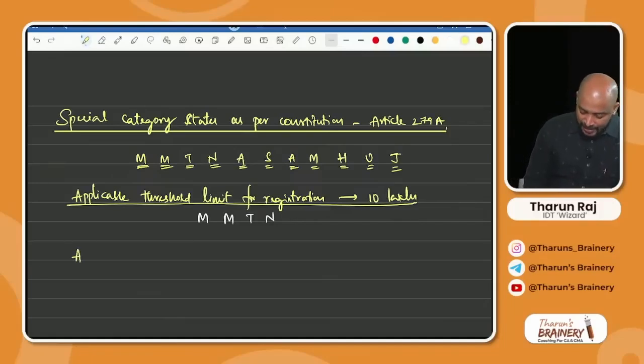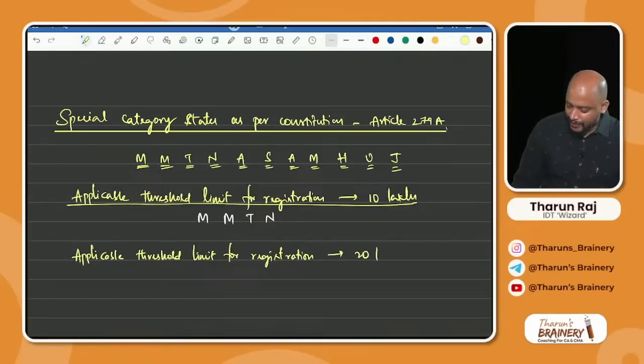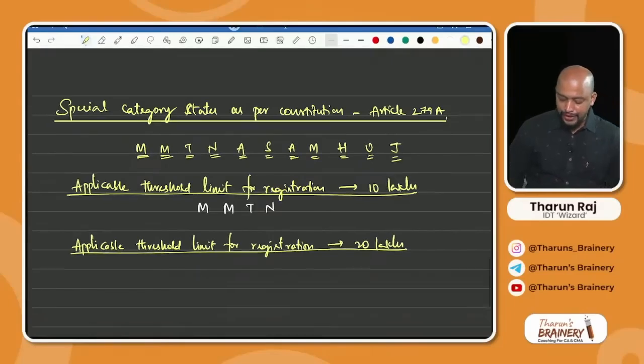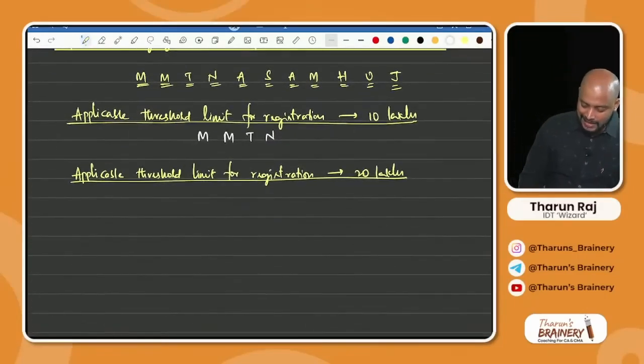Then the applicable threshold limit for registration is 20 lakhs. So what are the states for which the applicable threshold limit will be 20 lakhs? That is the U stamp states.